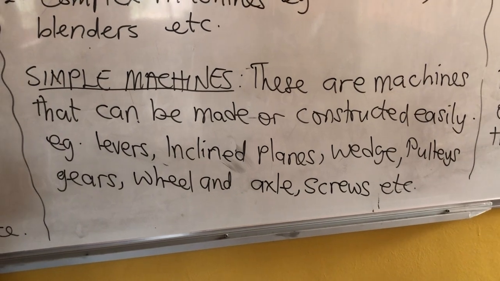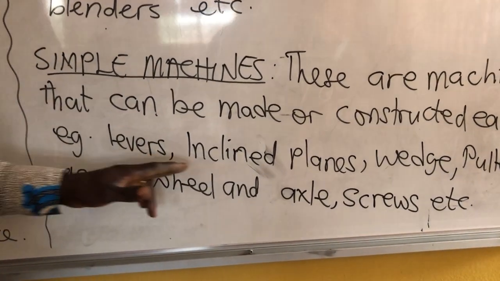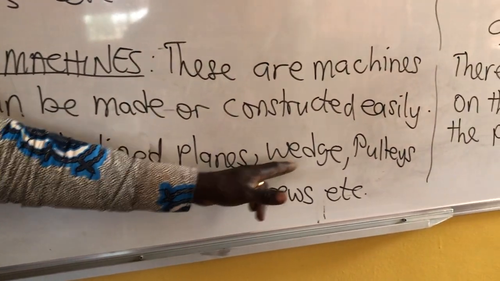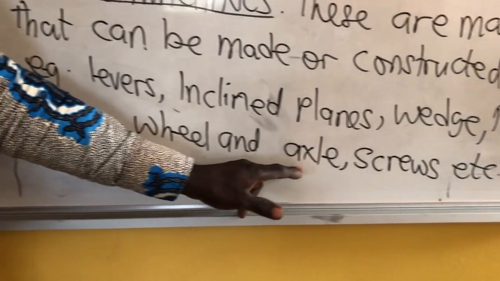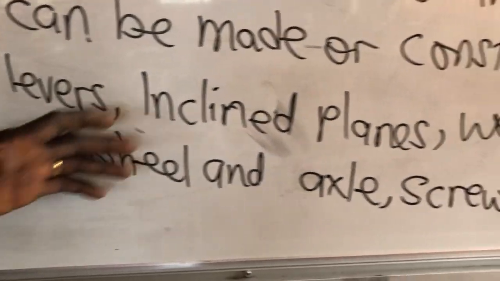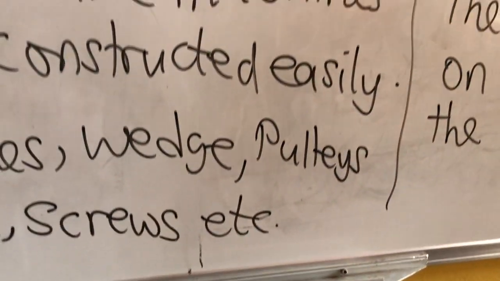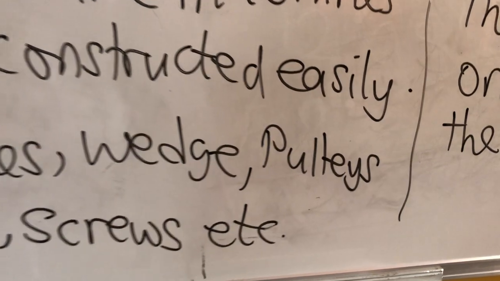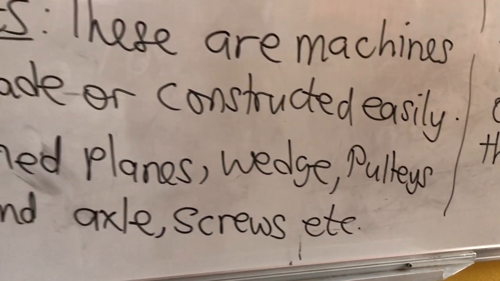That is simple machines. And examples of simple machines, we have levers, incline planes, wedge, pulleys, gears, wheel and axle, screws, and the rest. These are examples of simple machines, but these are in a classified form, or in a classic form. That is simple machines.